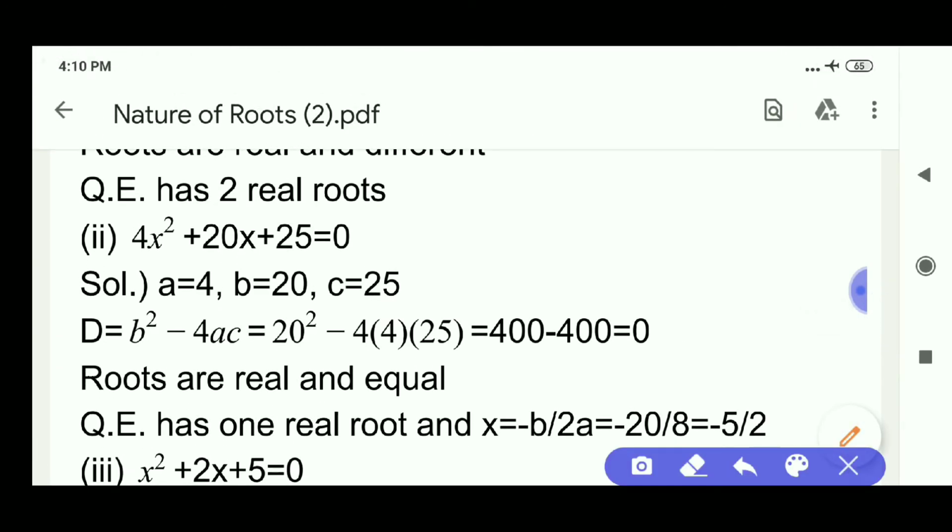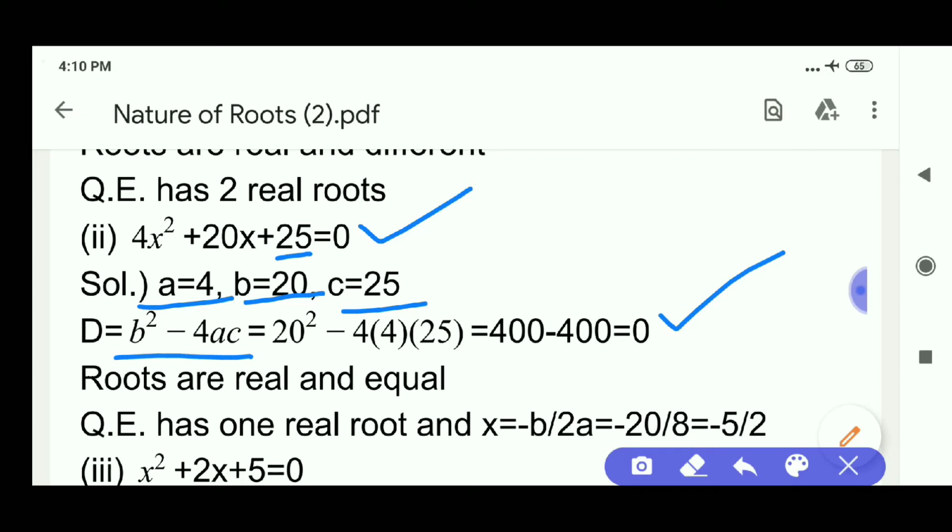The next question is 4x square plus 20x plus 25. What is a? Yes, x square coefficient, 4. What is b? x coefficient, 20. What is c? The constant, 25. Now D, discriminant, b square minus 4ac. Substituting the values, you get 0.